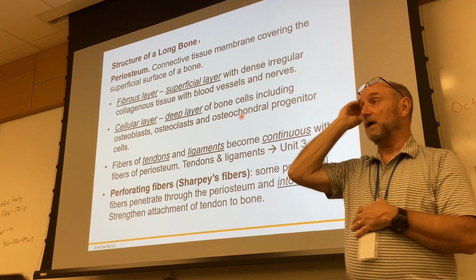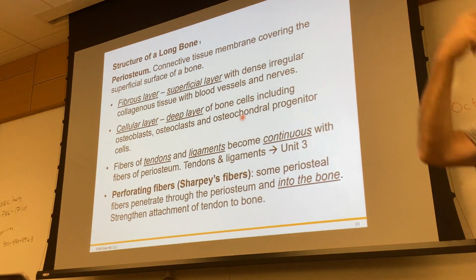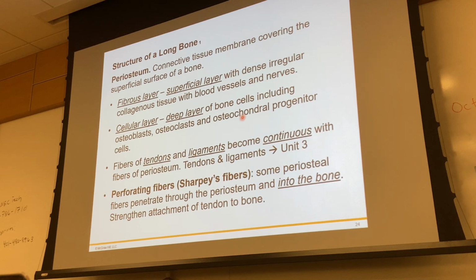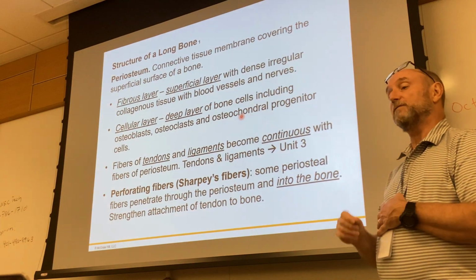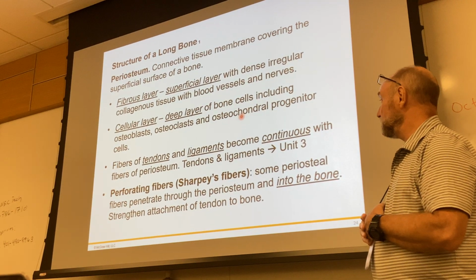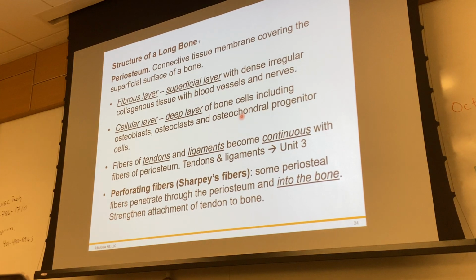You need those cells because you're not making new bone, right? You're making cartilage and these tendons and ligaments. Those fibers are continuous with the bone, and so it makes it very, very strong. And I don't worry about those perforating fibers.